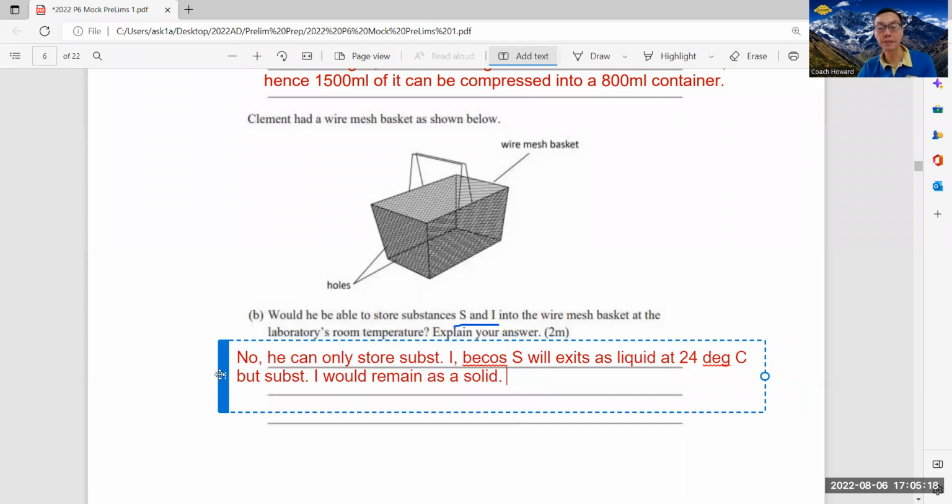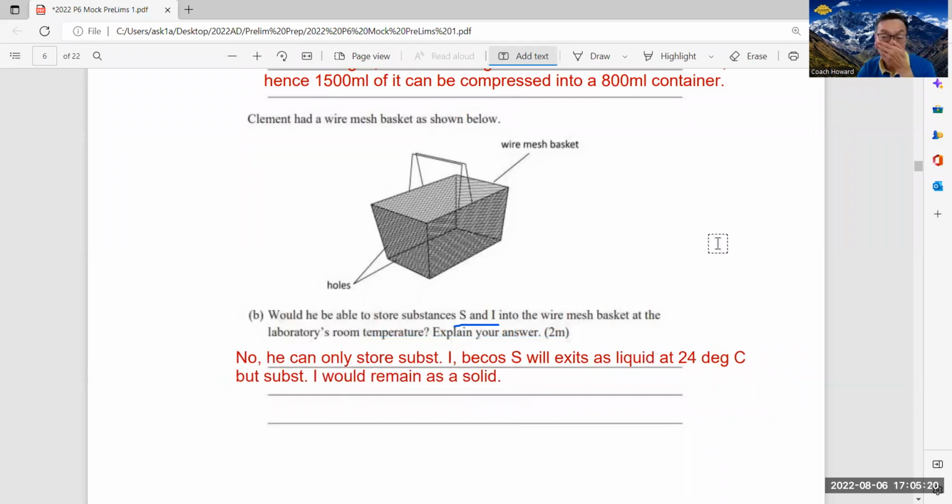Okay. So these are the short form I use. So in exam, you just type out, no, you can only store substance I because S would exist as a liquid at 24 degrees Celsius, but substance I will remain as a solid. Okay, continue. Next question.